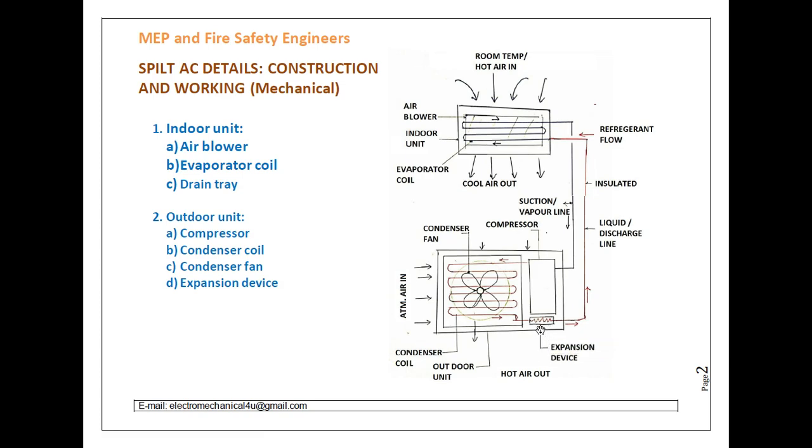The expansion device produces noise, so that the room does not get unwanted noise, making the working of the indoor unit silent. It is kept outside, in the outdoor unit. Now this is the basic principle which is used, that is the refrigeration cycle in the split AC.